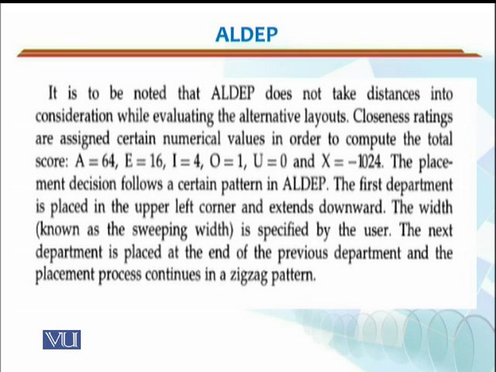The width, known as the sweeping width, is specified by the user. The next department is placed at the end of the previous department, and the placement process continues in a zigzag pattern. So it's always in a zigzag pattern, and the user needs to provide the width of the department.